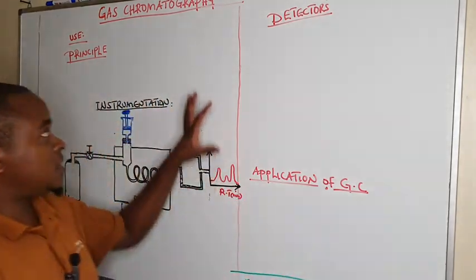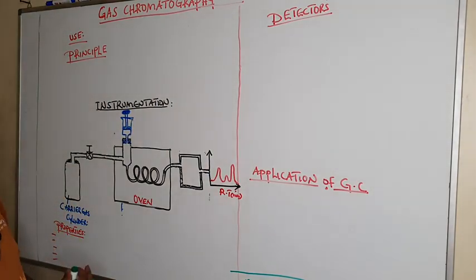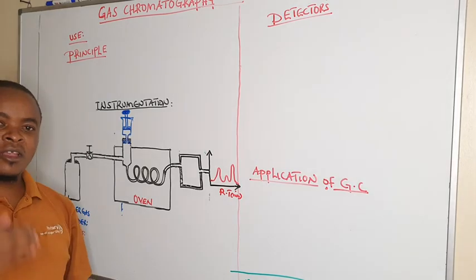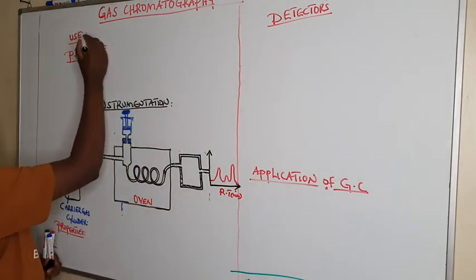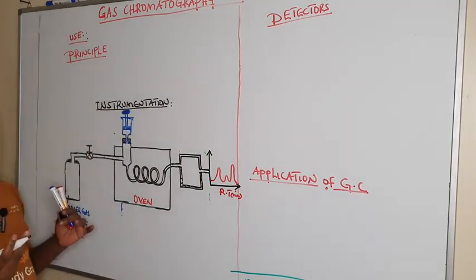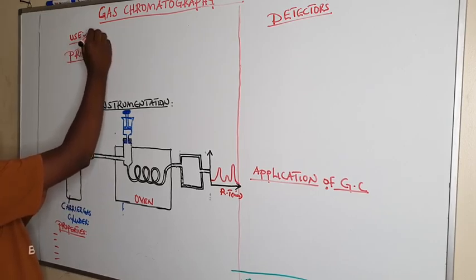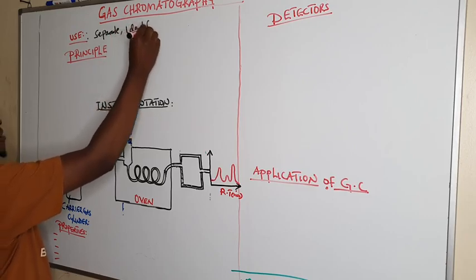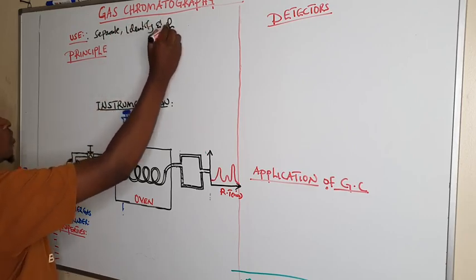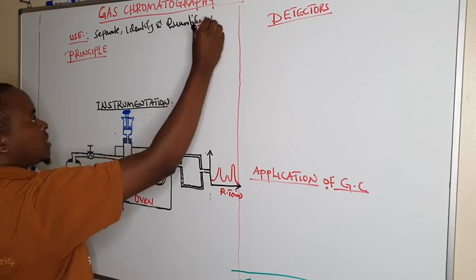So, as its name suggests, it is gas chromatography. We call it gas chromatography because the mobile phase... So, before we look at its definition, its purpose or use, we are using it to separate, identify, and quantify volatile substances.